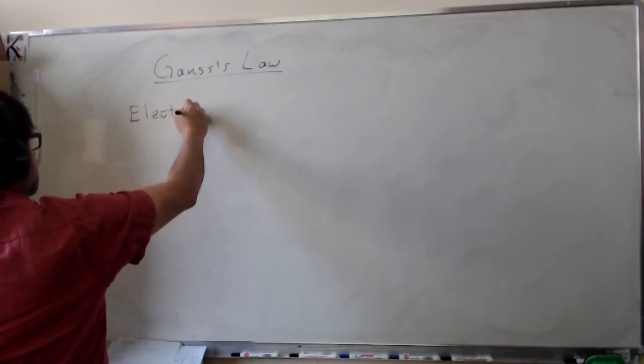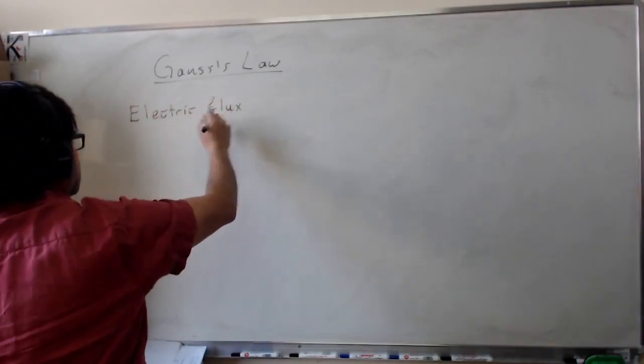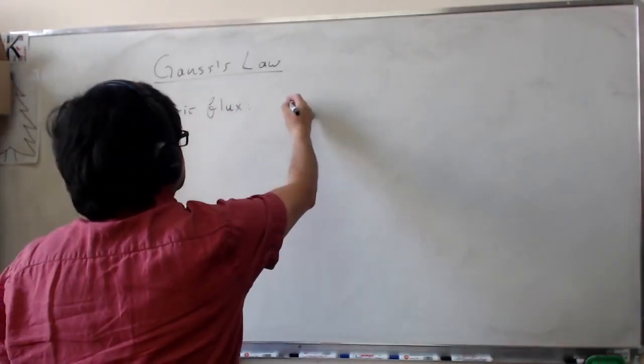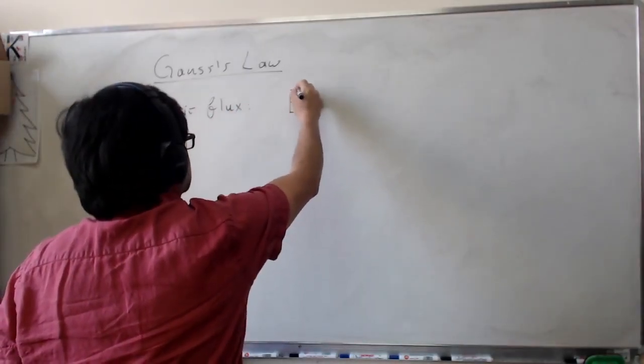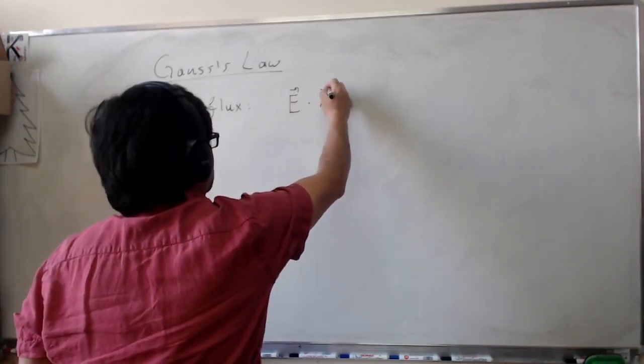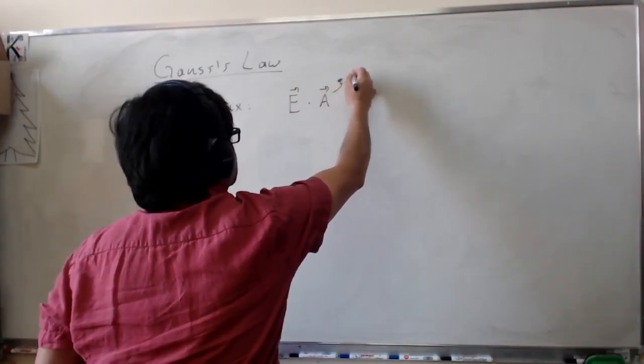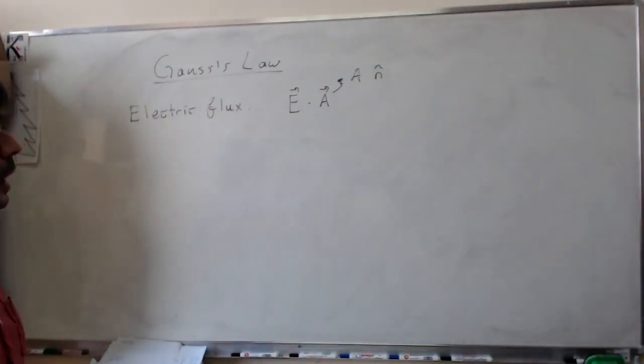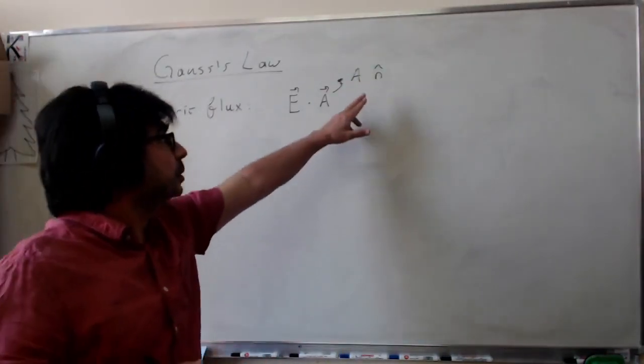So, electric flux. Now, we define this for a uniform electric field as E dot A, and this A was some area times some normal vector. Okay? And for an arbitrary surface, this normal vector was a bit ambiguous.